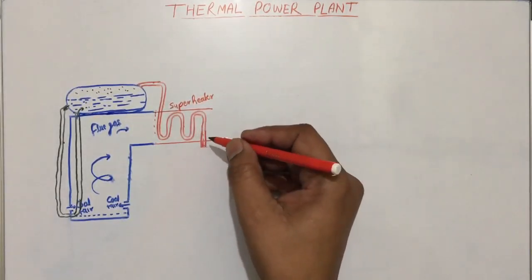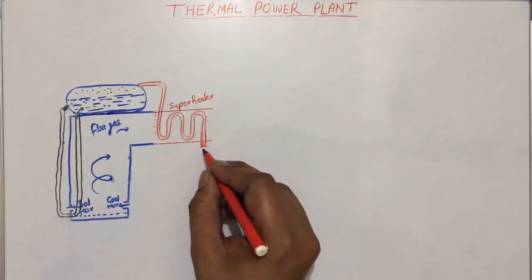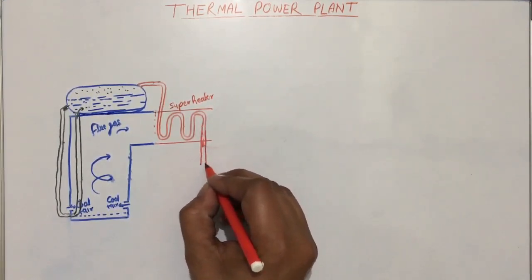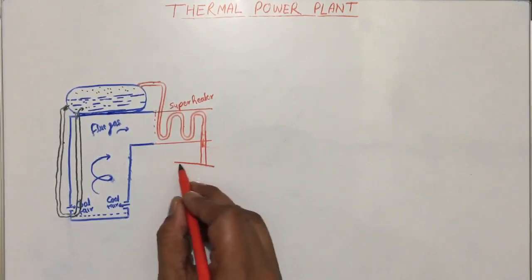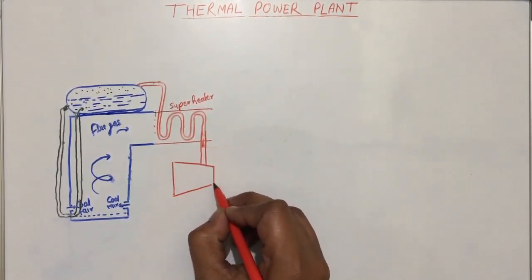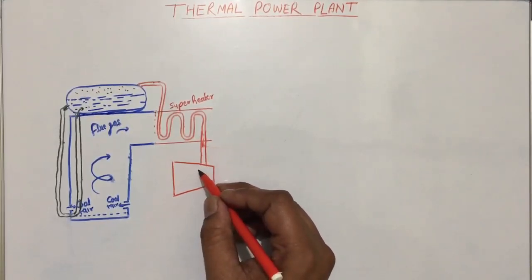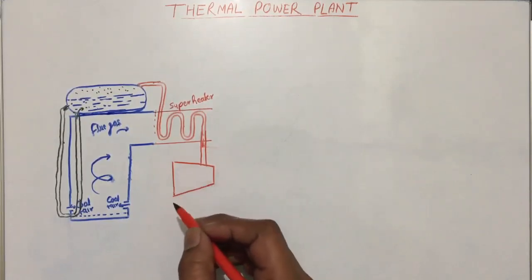The superheated steam from the superheater goes to the turbine like this, and this steam goes to the turbine through a nozzle, and it has very high pressure.